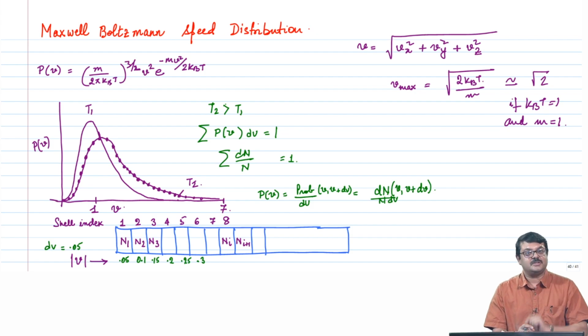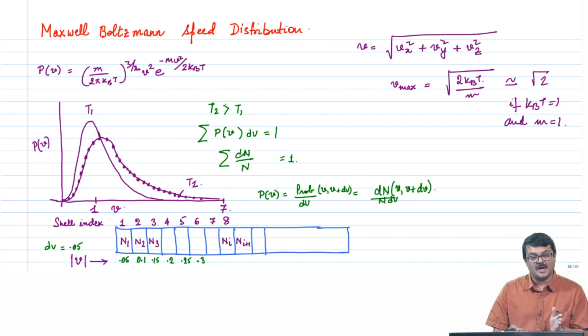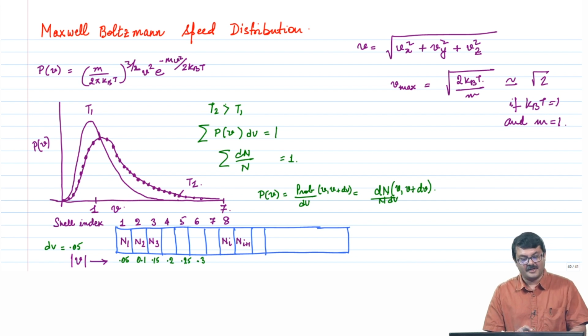Now, if you choose your dv to be 0.01, say, then this n1 will be divided into 5 partitions, because now you are calculating how many particles are moving between 0 and 0.01, 0.01 and 0.02, between 0.02 and 0.03. If we add up all these numbers, you will get the average from 0 to 0.05. So you have to divide by dv, be aware of that.